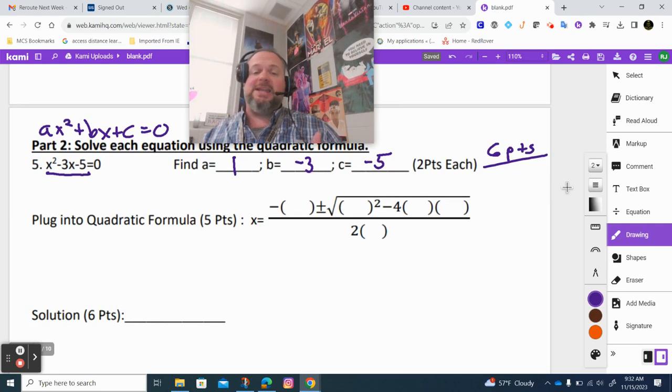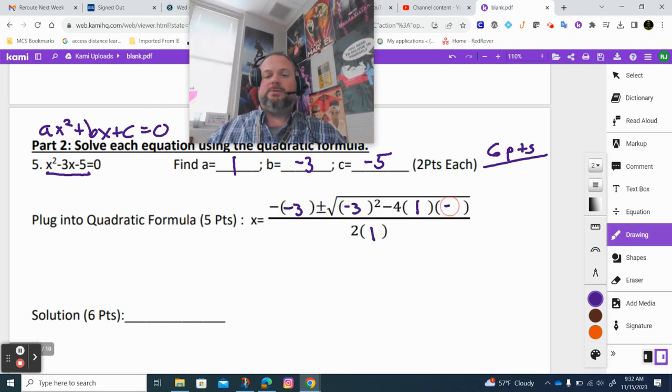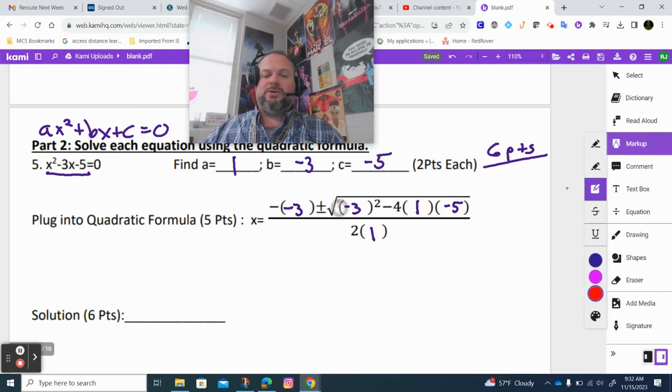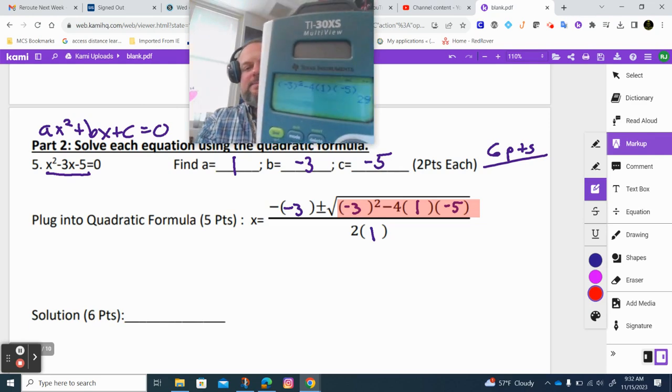And now we're plugging it into the formula correctly. So an A goes here, an A goes here, a B goes here, B goes here, and C goes right here. Remember, I start right here in the discriminant. I get 29.